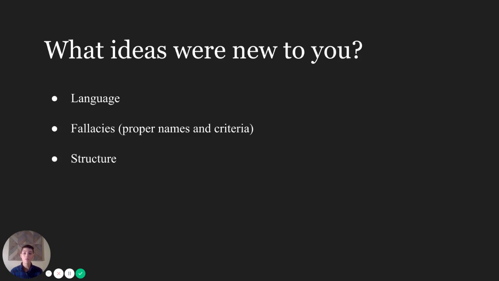I have seen them over and over again, and I've heard lots about certain ones, but not all of them. Like straw man, I've heard a lot about straw man, but I haven't actually studied it and gotten to know exactly what it is. I just know I've seen it before. And also the structure of a proper argument.